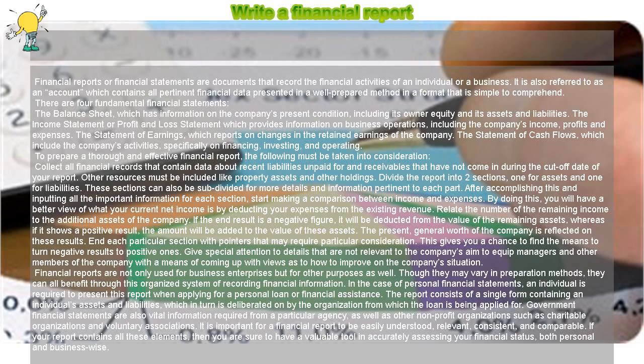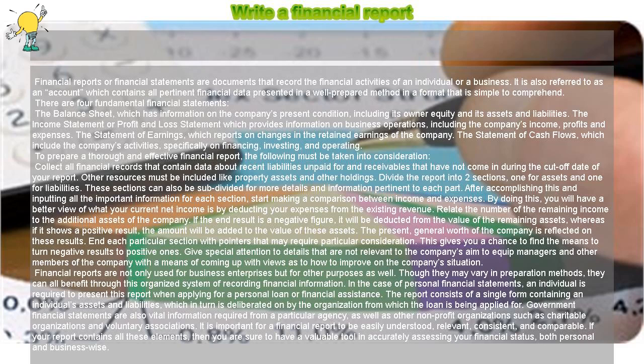There are 4 fundamental financial statements: the balance sheet, which has information on the company's present condition, including its owner equity and its assets and liabilities. The income statement or profit and loss statement, which provides information on business operations, including the company's income, profits, and expenses.